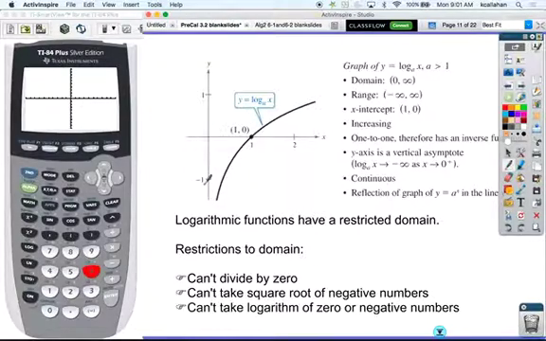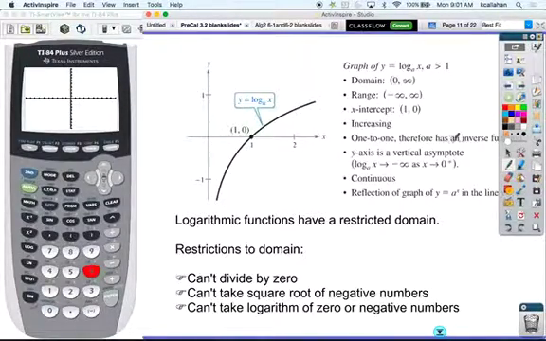It can't even touch the y-axis. The range may not look like it goes on forever, but it does. Just like an exponential had a domain of all real numbers, this must have a range of all real numbers. The x-intercept has to be 1, 0. It's always increasing.